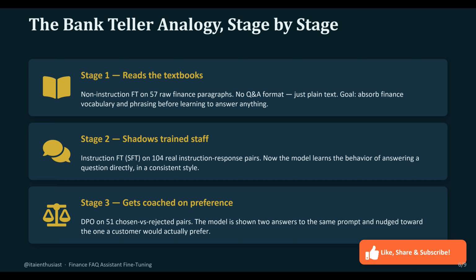Stage 3, the teller gets coached by preference: 51 pairs, where we show the model a good answer and a bad answer to the same question and nudge it toward the better one. That's DPO, direct preference optimization.